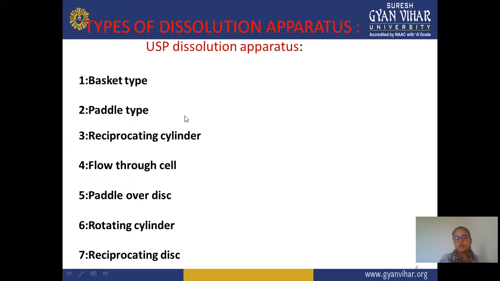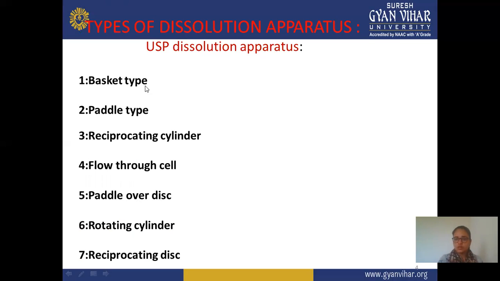dissolution apparatus because the ones in IP and BP are all seen in USP. Basket and paddle are both seen in IP as well as BP. The sequencing changes in IP: first is paddle and second is basket. In BP both are seen, and the third one is flow through cell, while in IP there are only two types of dissolution apparatus.